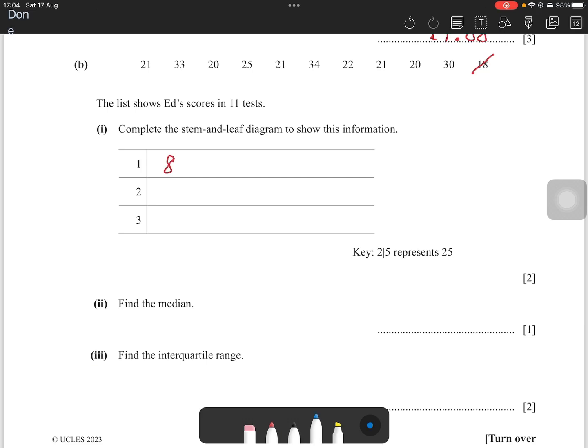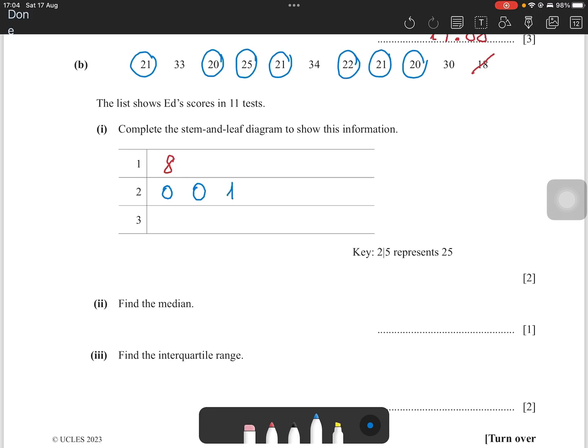Now, for the numbers that have the tens digit of 2, they are 21, 20, 25, 21, 22, 21, and 20. There are 7 numbers and we need to arrange them from the smallest, 20, 20, to the largest.